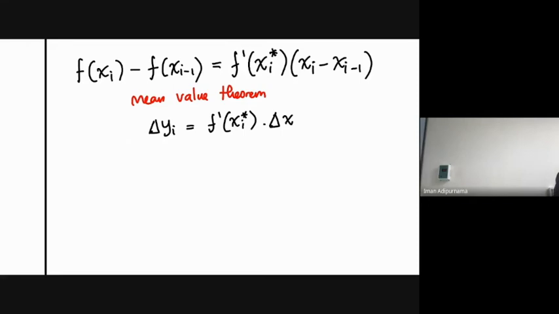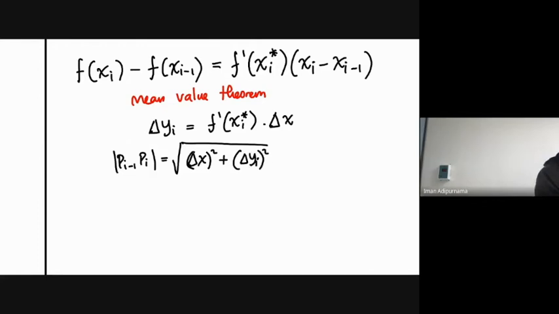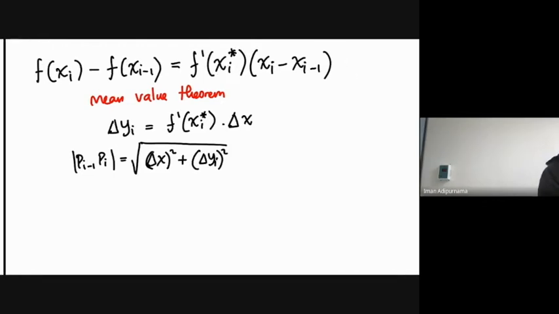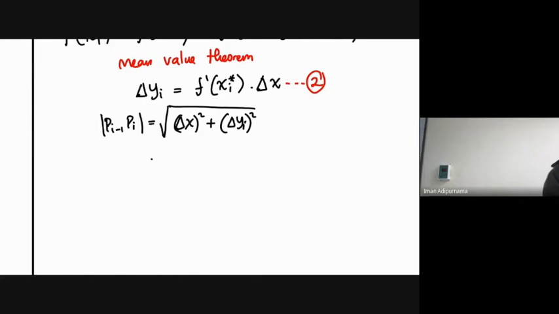Now from the previous formula, we got delta x squared plus delta y_i squared. Let's substitute these two into the first formula.